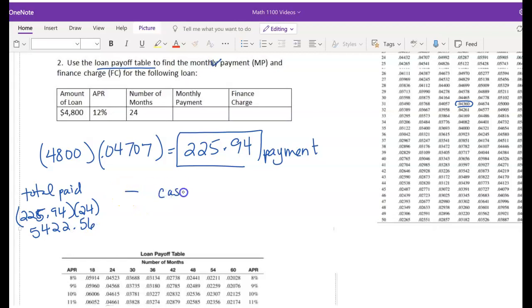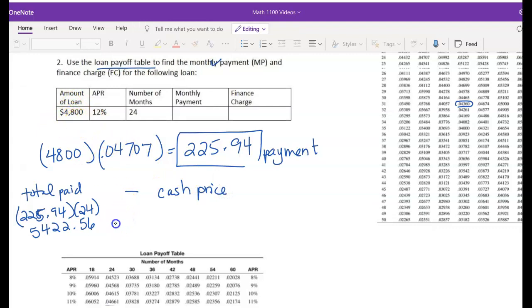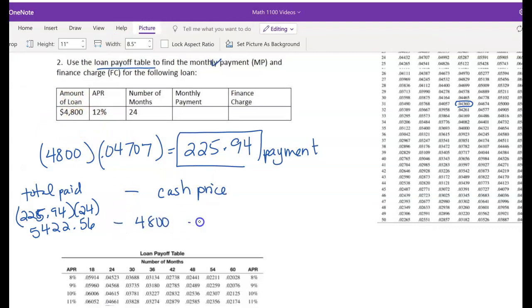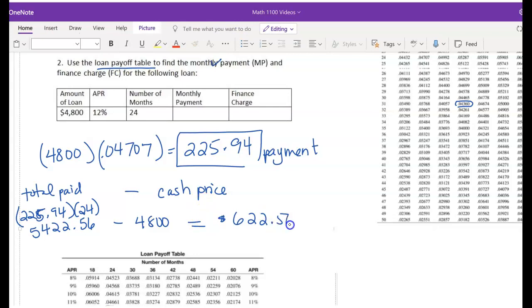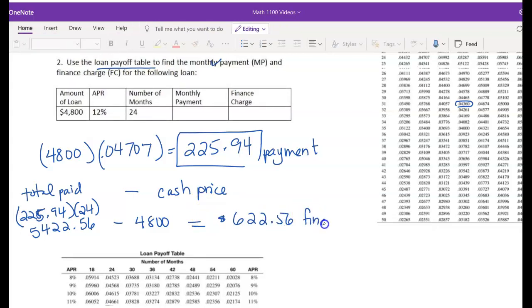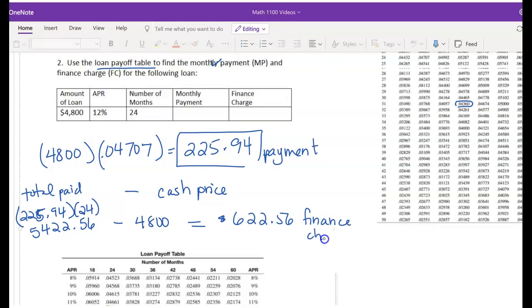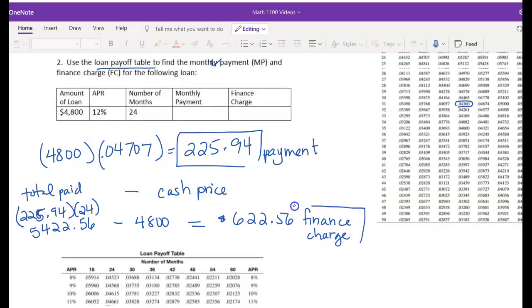Then we're going to subtract the cash price. Well, it was originally $4,800. So the difference between the total paid and the cash price is $622.56. And that's our finance charge. Another way to say the interest that was charged to borrow money.